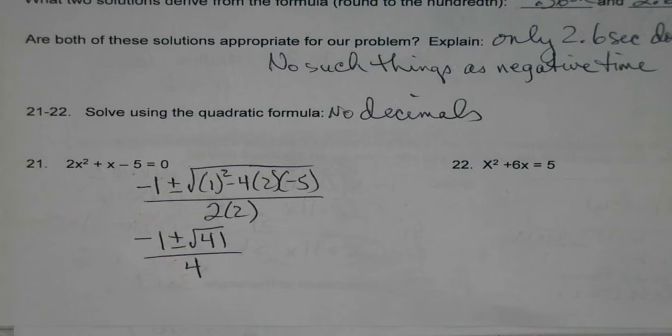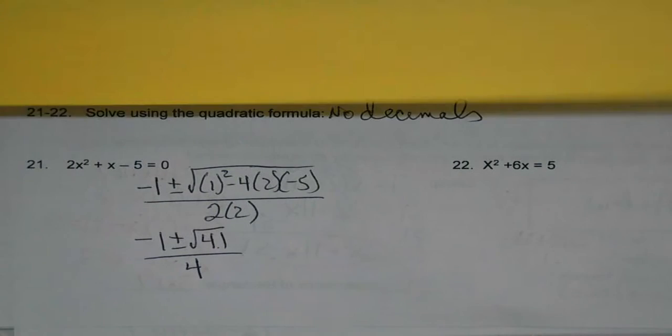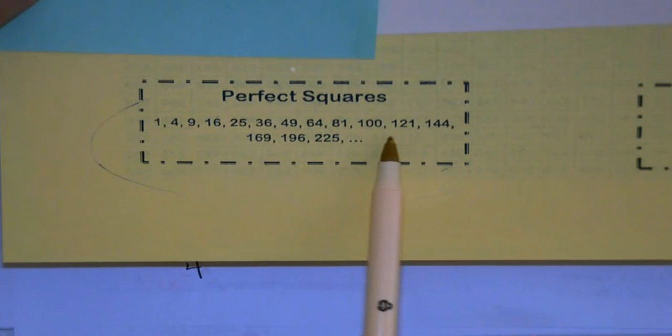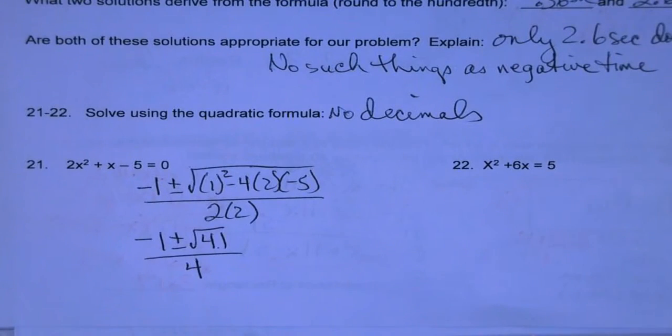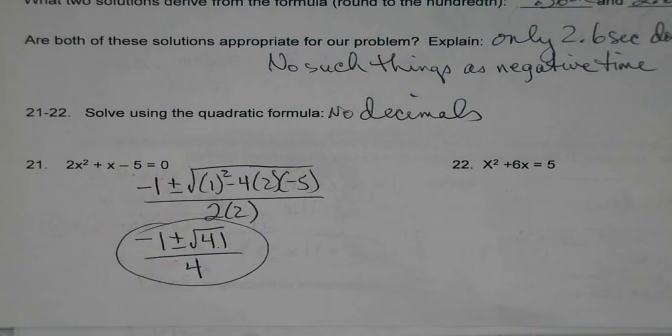Now, here's the moment of truth. Does this 41 break down? Is there a perfect square, cheat sheet, that's a factor of 41? And you might try a few, but what you're going to find out is there isn't. So that particular one is done.